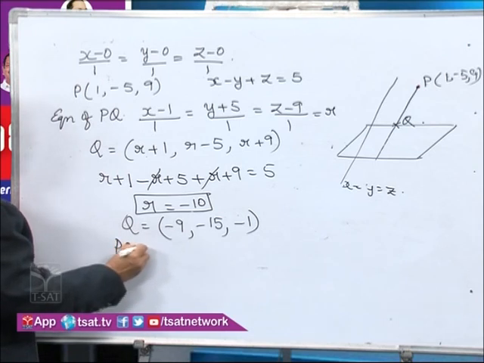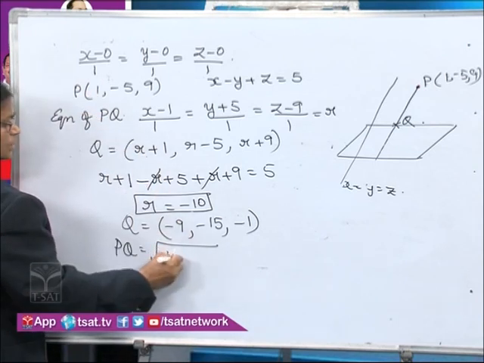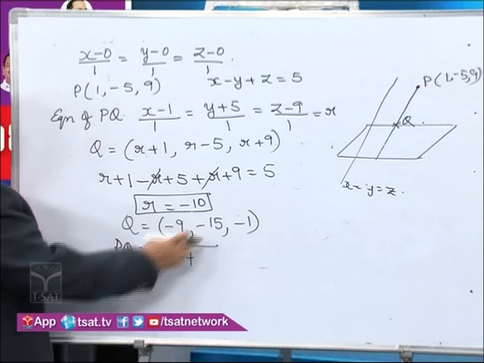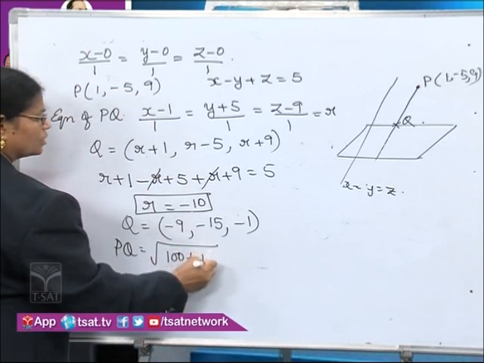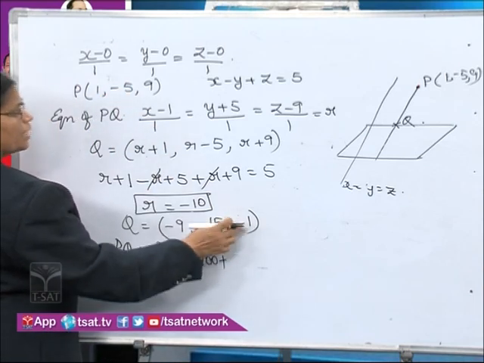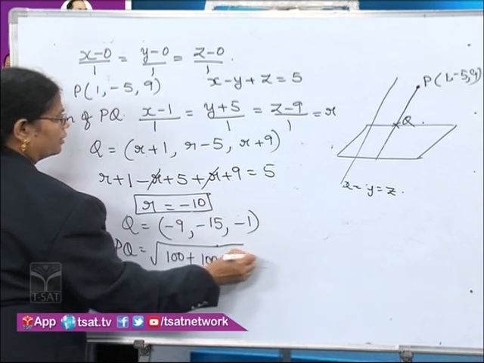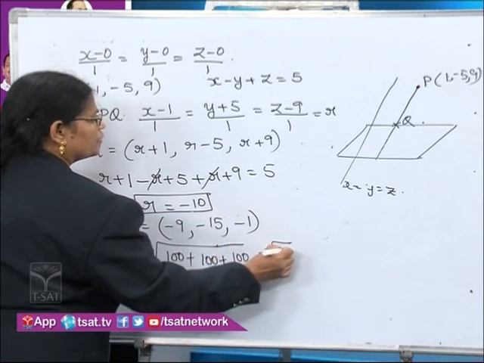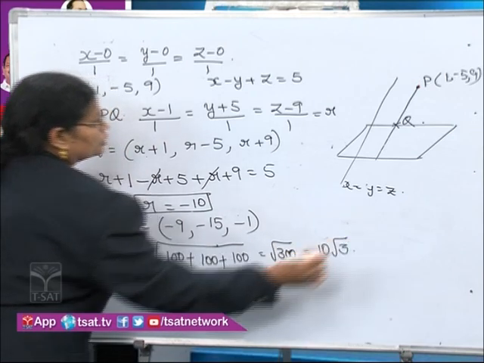Use your distance formula. Minus 9 minus 1, it is minus 10 whole square, which is 100. Minus 15 plus 5, it's again minus 10 whole square, 100. Plus minus 1 minus 9, minus 10 whole square, 100. This is square root of 300 or 100 into 3, which is 10 root 3.